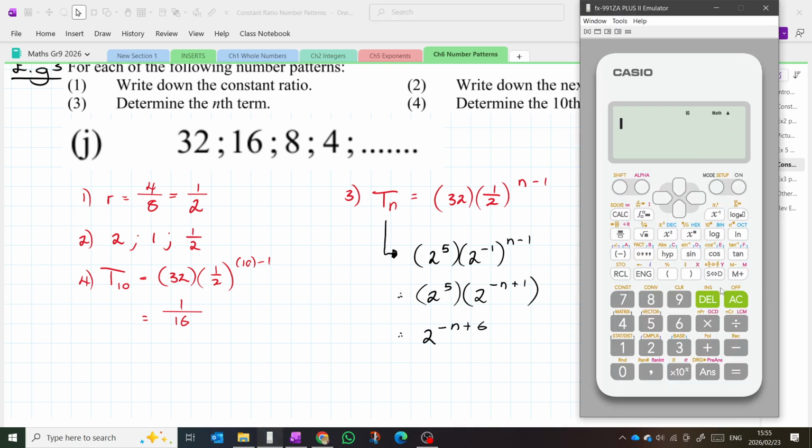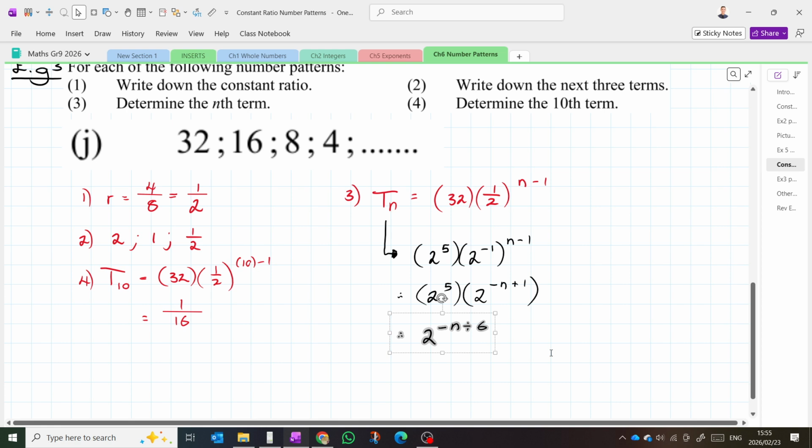We can go and test it. 2 to the power negative n plus 6. If we do the first term, gives us 32. Second term, 16. Third term, 8. Fourth term, 4. And there you can see.